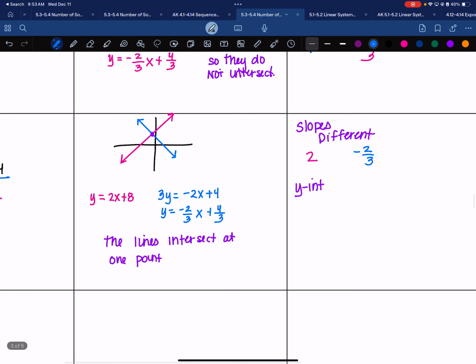Do you think, talk to your pods, do they always have to be different? Say it louder for the people in the back. No, because they can intersect on the y-axis. Yeah, the lines could intersect on the y-axis, so they could have the same y-intercept. So there's really no conclusion that we can draw just based on looking at y-intercepts.